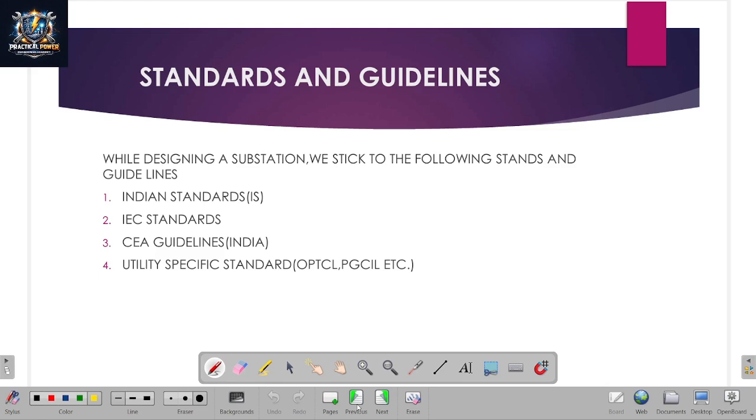Also, other standards are there, international standard, IEEE is there. All these standards will be followed during design of a substation.